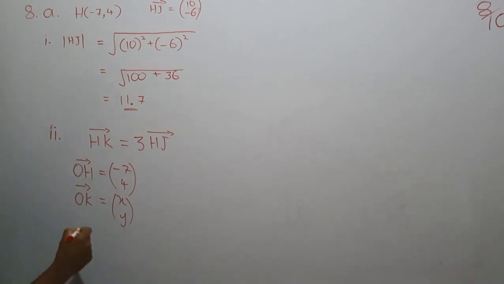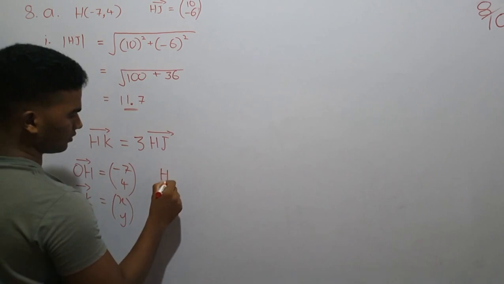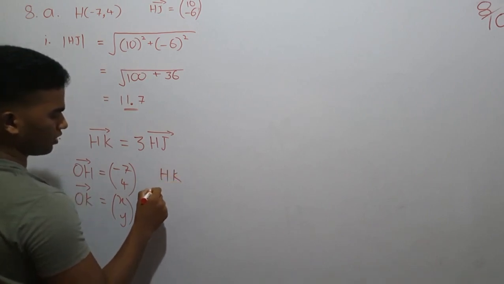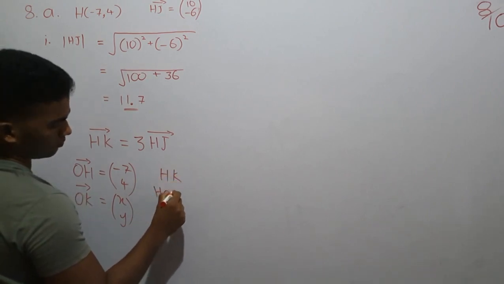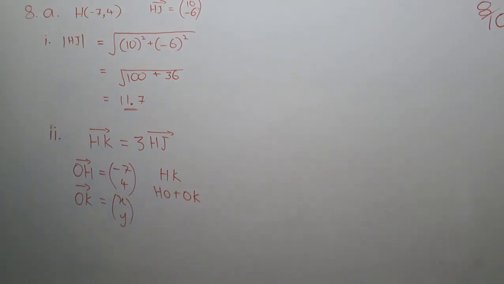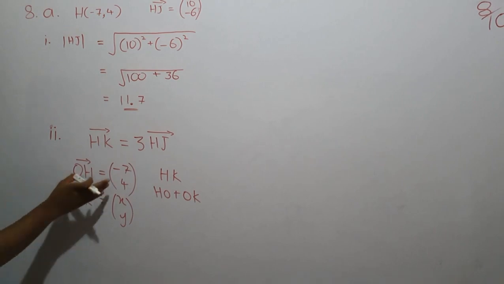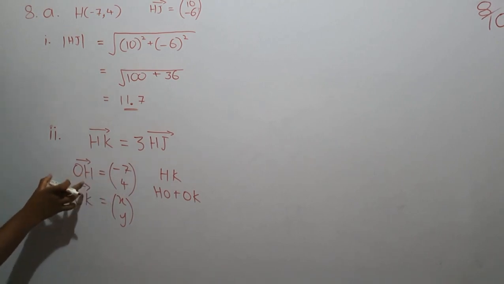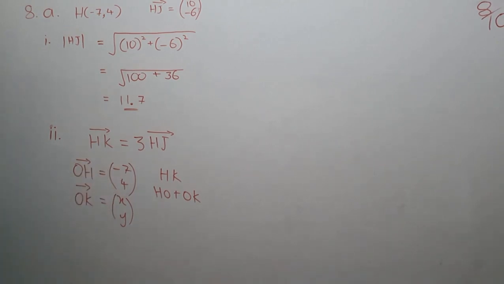Now HK is HO plus OK. So HO, now this is OH. To get HO you should multiply this by -1.